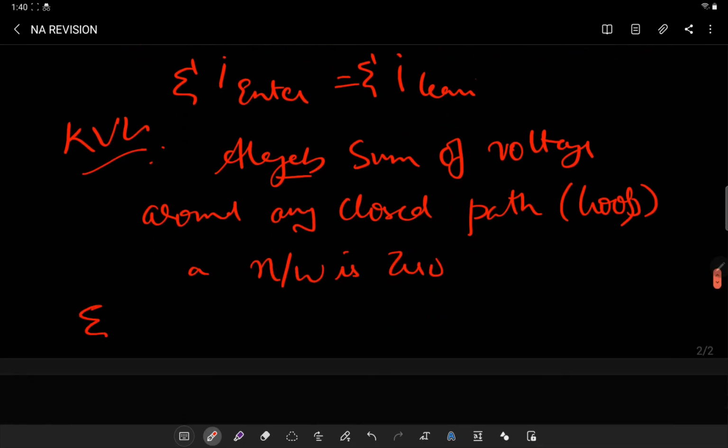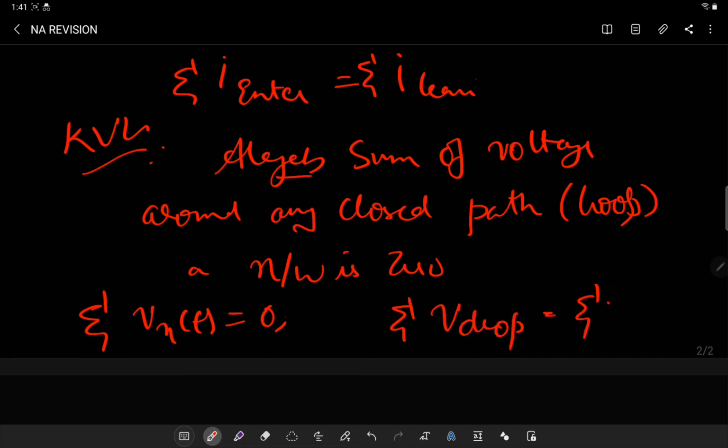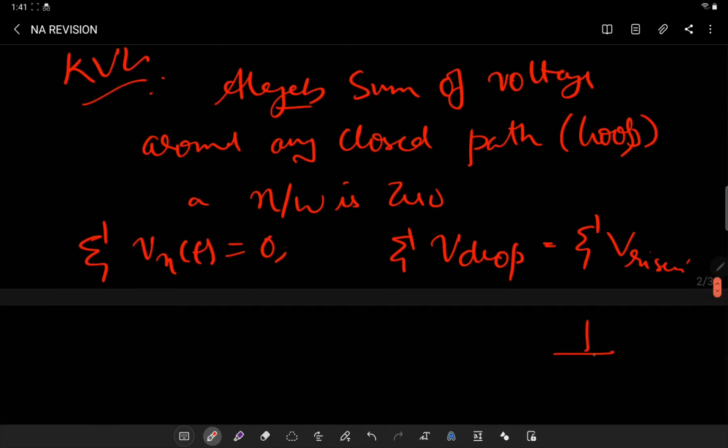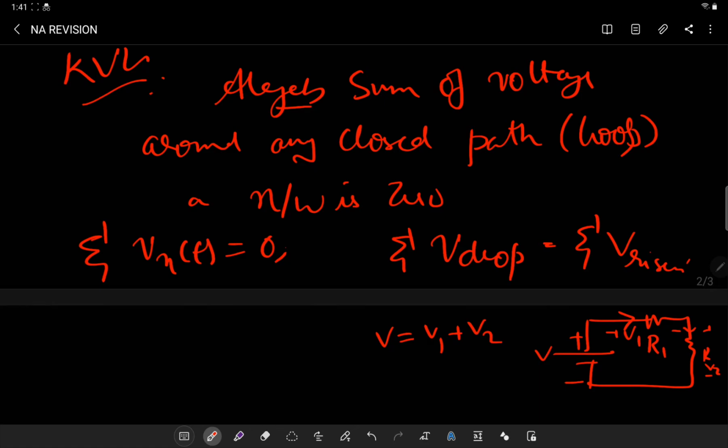So simply I can write sigma Vn of t is equal to 0, or I can also write it as the dropped voltage is equal to the rise in voltage. So there is a small network like this. If there is a voltage V, and a current passes through this, with V1 and V2 across the elements, then V is V1 plus V2.